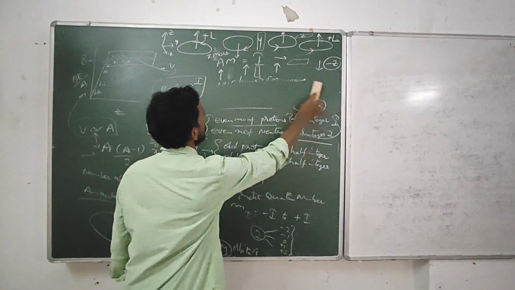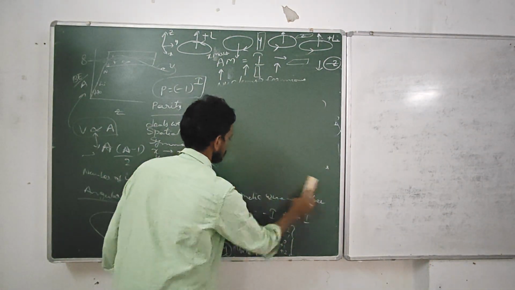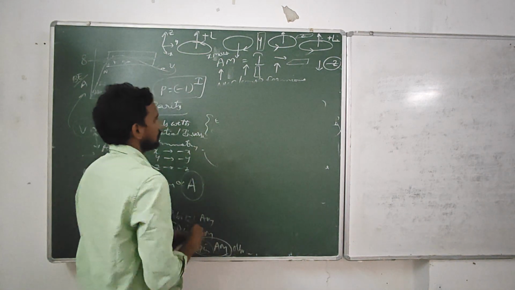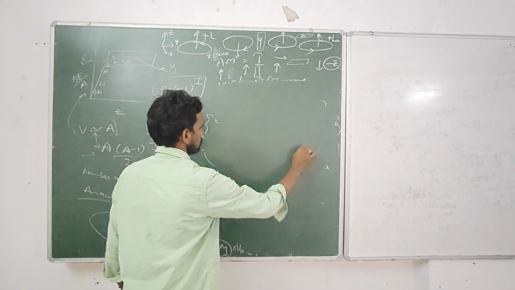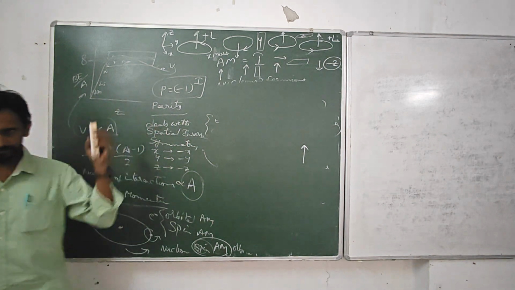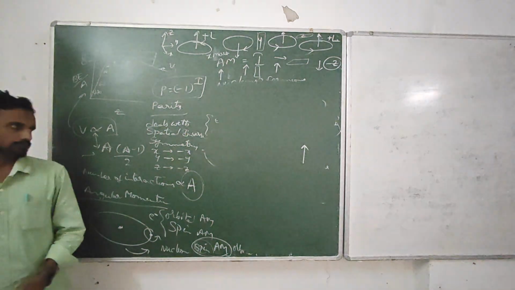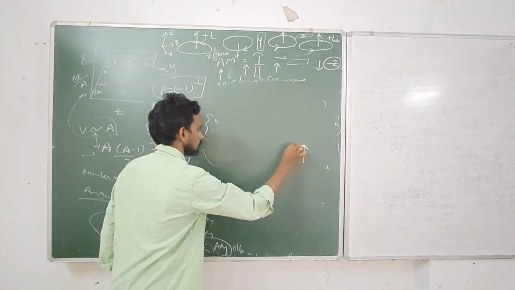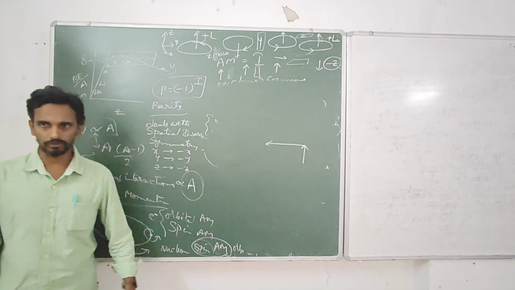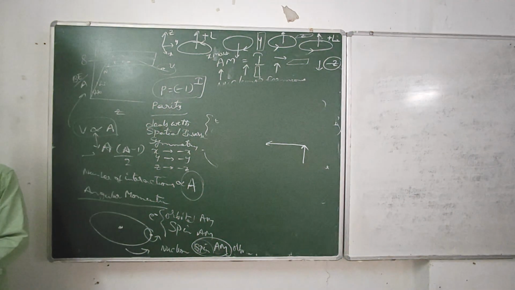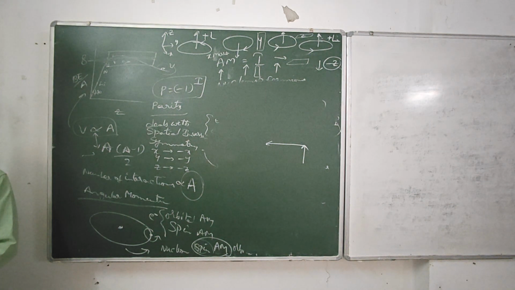Let's say a person is traveling like this and somebody is pulling towards a point perpendicular to the direction of motion. What happens?